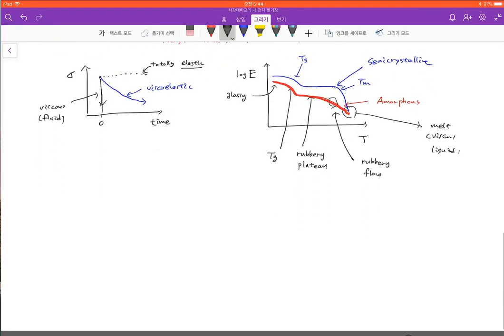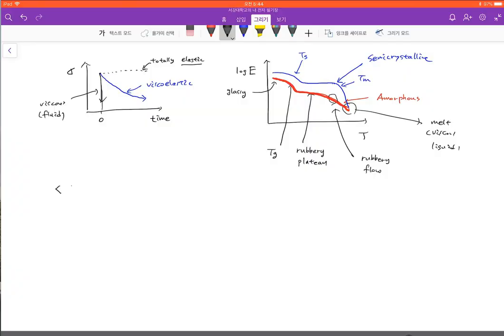Okay. Then let's see what affects the glass transition temperature of amorphous polymer. There are many factors which affect the Tg value.